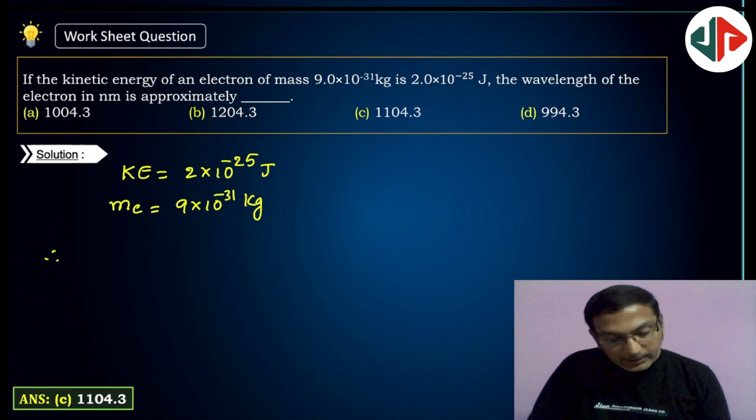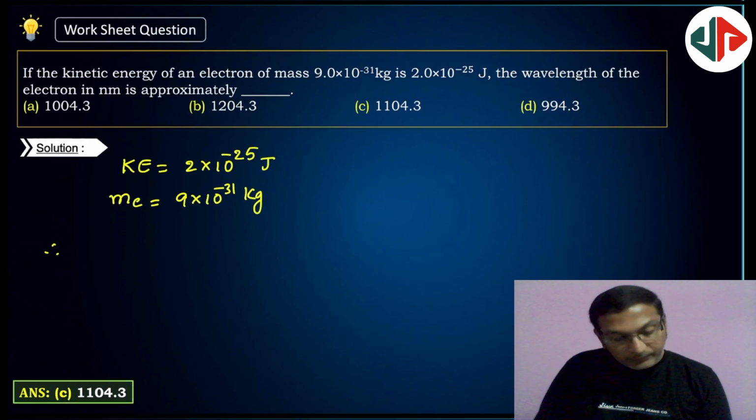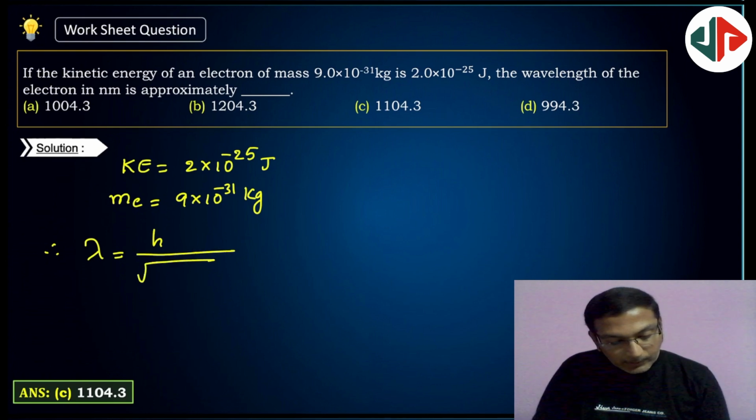So we know according to de Broglie's relation, lambda equal to h by root 2m into KE, where KE is kinetic energy.